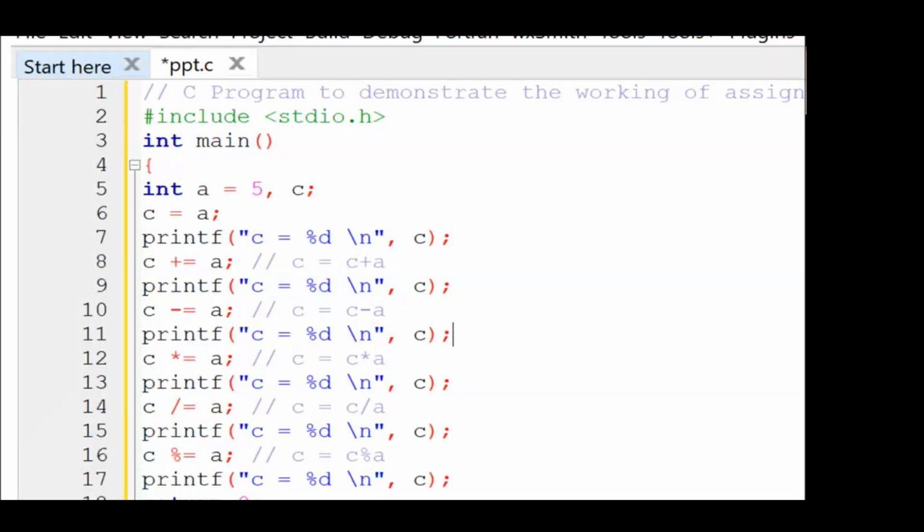Yes, please. Okay, so this is the reason. Now, we know the value for a, but we don't know the value for c. This is because we are going to be performing several assignment operations. So the value for c is not going to be constant. It keeps varying.